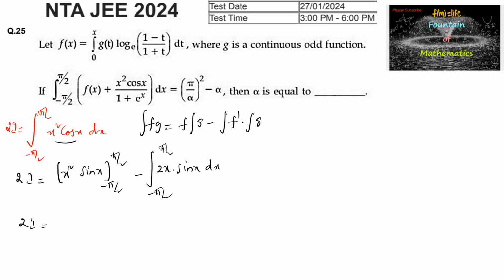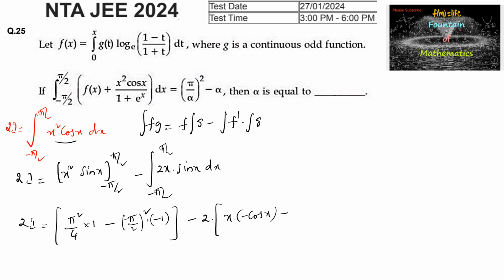Substituting, pi square by 4 into sine pi by 2, which is 1, minus (minus pi by 2) whole square into sine of minus pi by 2, which is minus 1, and here minus 2 times, and again applying the FG rule, x into integration of sin x, which is minus cos x, minus the integral of differentiation of x, which is 1, and integration of sin x is minus cos x, that is plus cos x here.